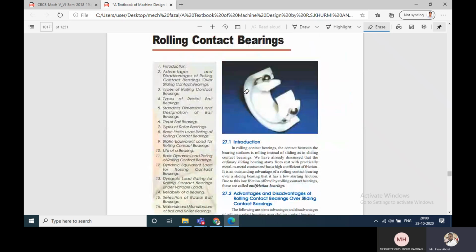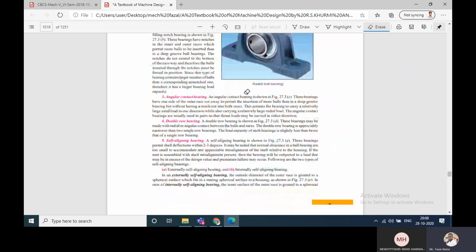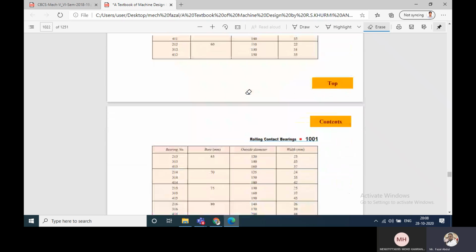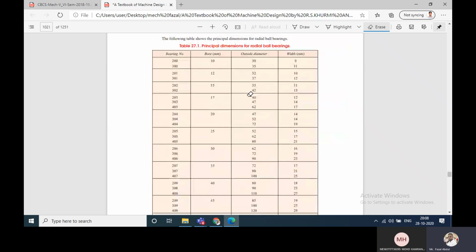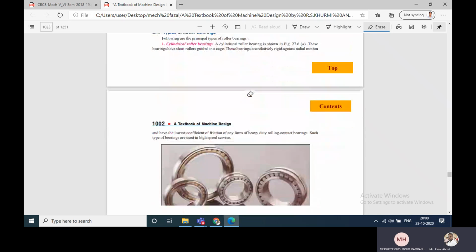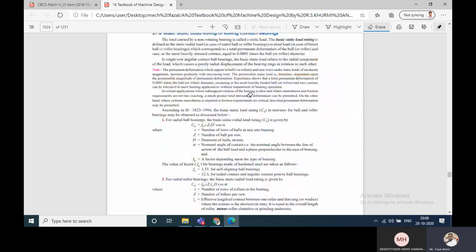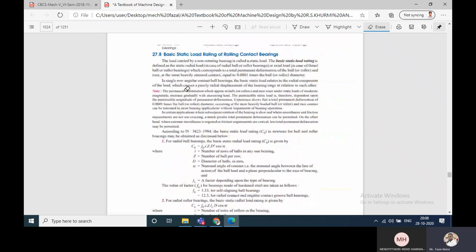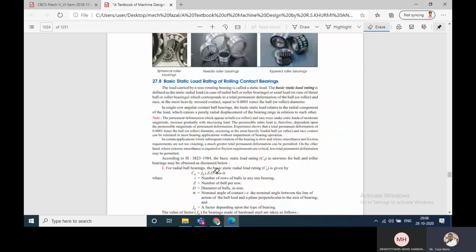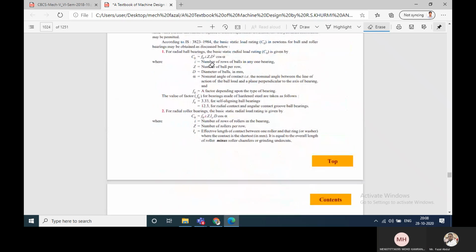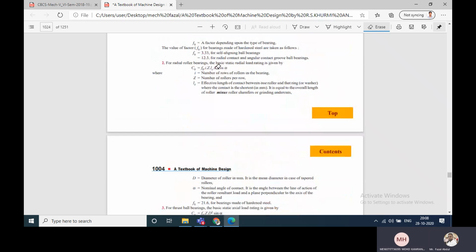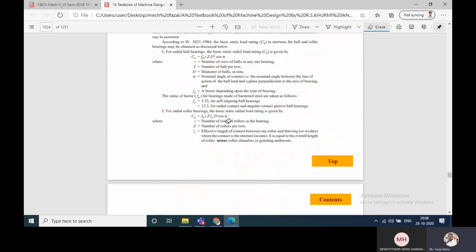Rolling contact bearing: this is the classification theory. See this table also you need to remember. Then see this relation, basic static loading. This relation you need to remember. This is for radial load: radial ball bearing, radial roller bearing.